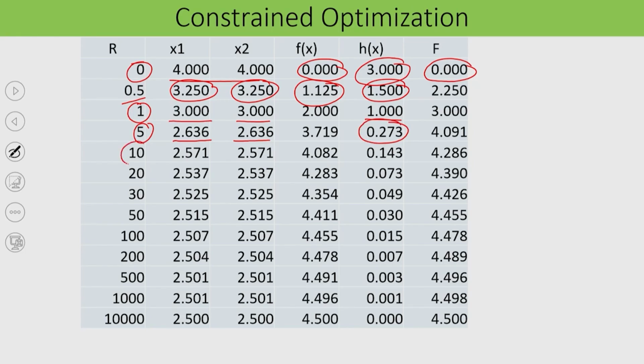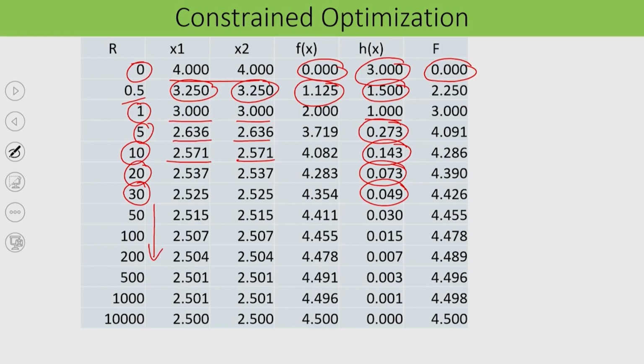Similarly, for r equal to 10, you get the solution 2.571, 2.571, and the violation is 0.143. For 20, the violation is 0.073. For 30, it is 0.049.